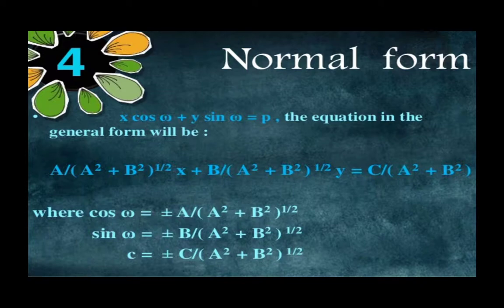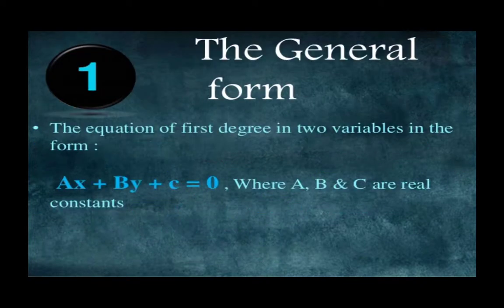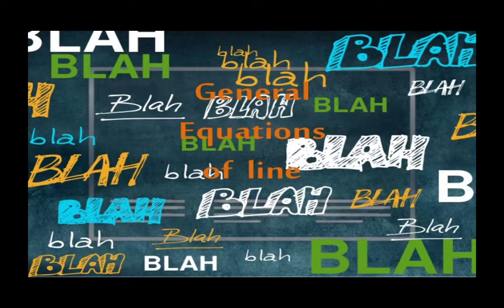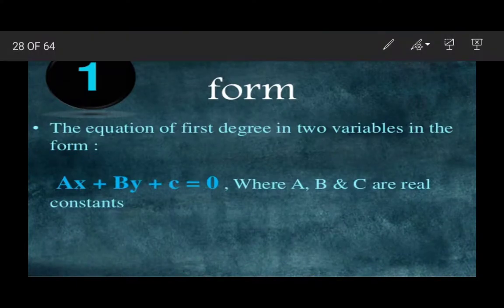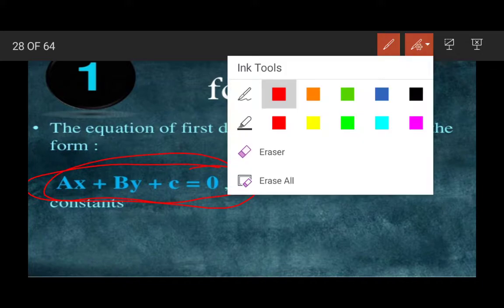So class, once again, there are these general forms. The first one is ax plus by plus c equal to 0. So in general, the equation of a line is ax plus by plus c equal to 0.